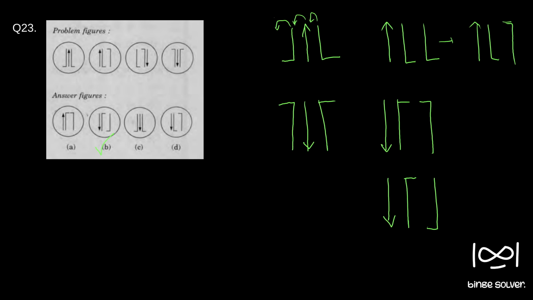Next question, question 24. Consider the following diagrams. X men working at a constant speed do a certain job in Y days. Which one of these diagrams shows the relation between X and Y? Here the x-axis is number of men working, and the y-axis is number of days in which the work gets completed.